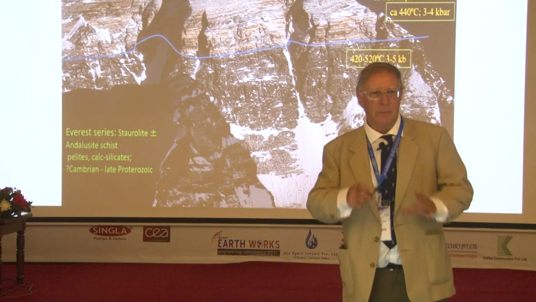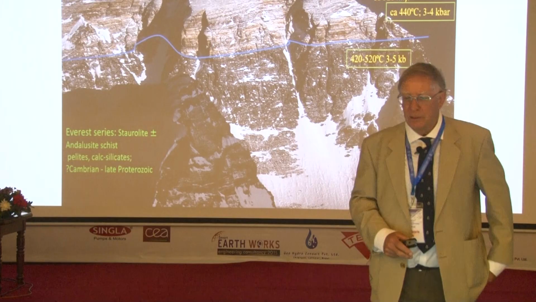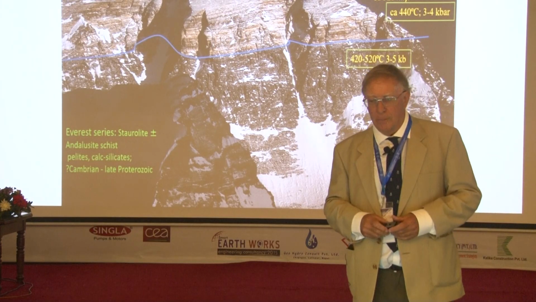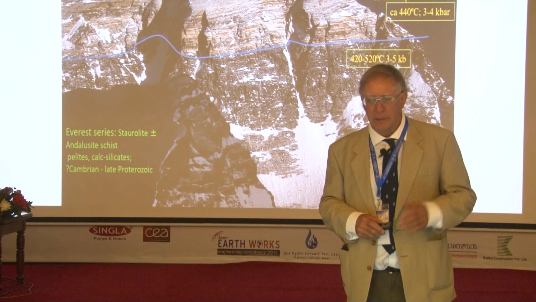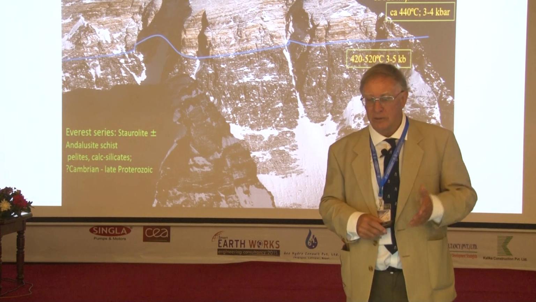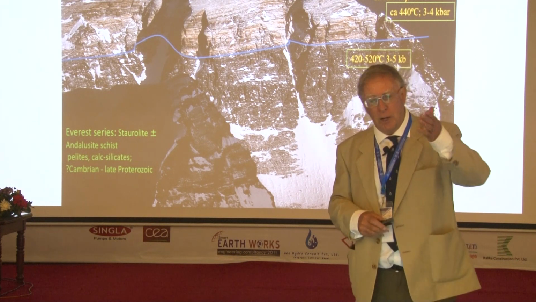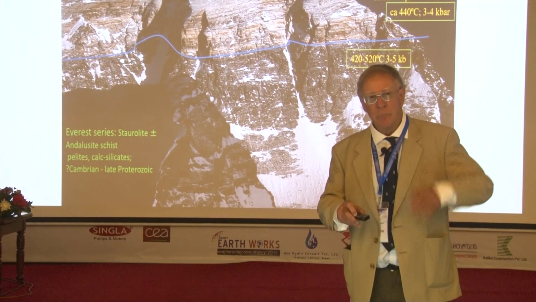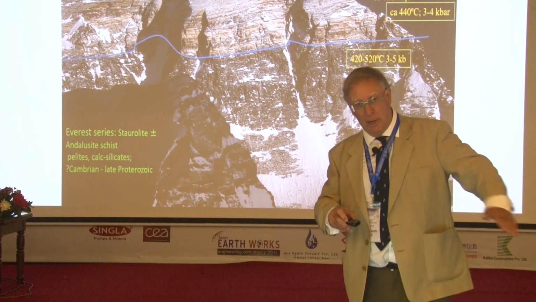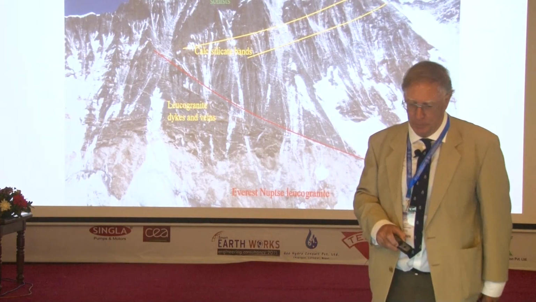This puts upper Cambrian and lower Ordovician rocks at the summit ridge of Everest over the famous yellow band, which is composed of Cambrian calcsilicates, probably deposited about 510 million years ago, but they're now metamorphosed into calcsilicates at 3 or 4 kilobars, 400 degrees centigrade. And then you go down into the Everest series, where the metamorphic isograds are right way up, with a sudden break at the top along the Chomolungma detachment.